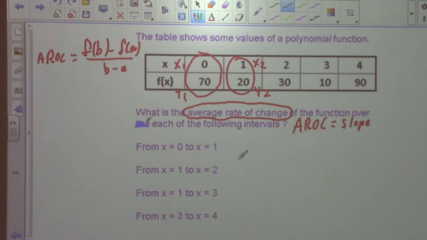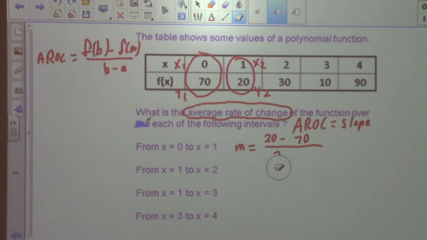And so, using that formula, what are we going to get? We get y2 minus y1 over x2 minus x1.